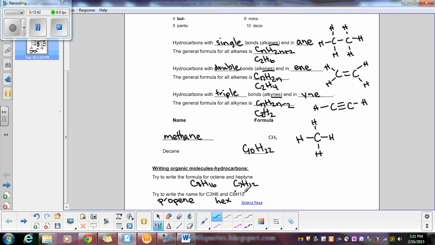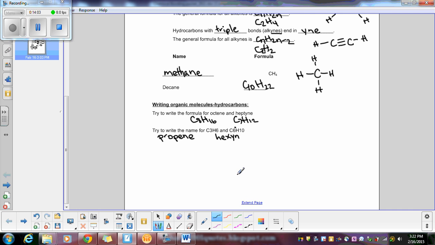Again, 2 times 6 is 12, so I don't even have a full 12 here. I have less than twice the number of carbons. That tells me that I have to be looking at my alkynes. 2 times the number of carbons minus 2. So 2 times 6 is 12, minus 2 is 10. That tells me that this is hexine.